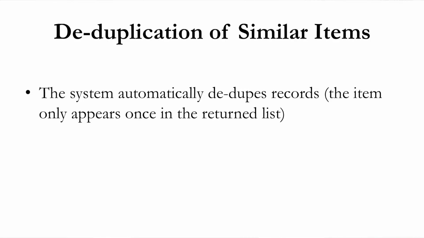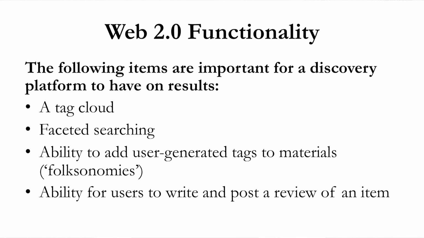There has to be a deduplication of similar items. So, your discovery system should completely deduplicate the records, so that the user is not hassled by duplication of items. And Web 2.0 functionality should be an integral part of the discovery system.